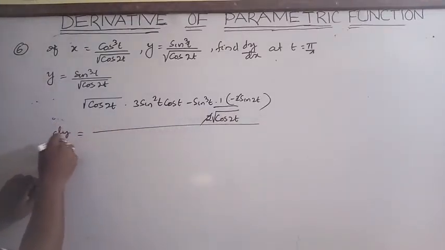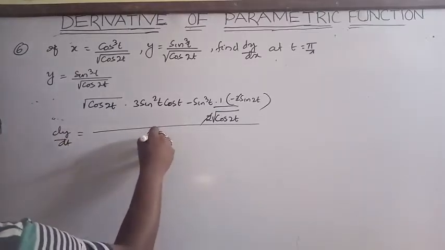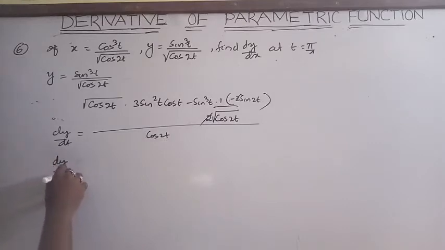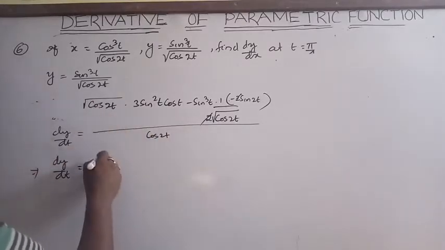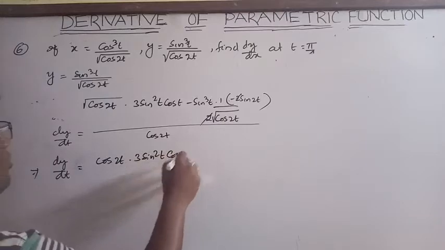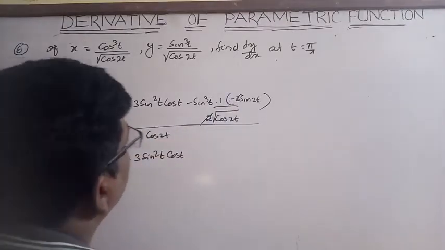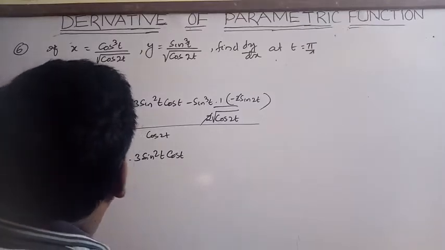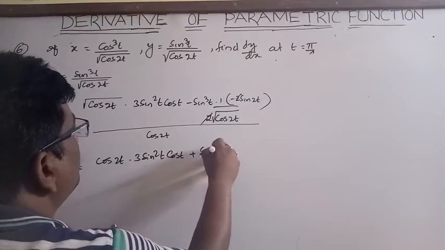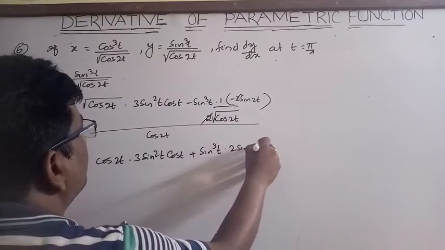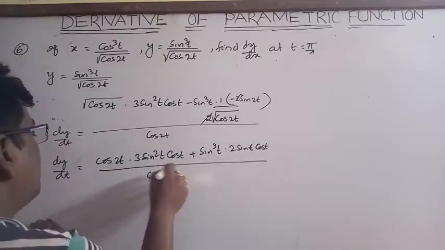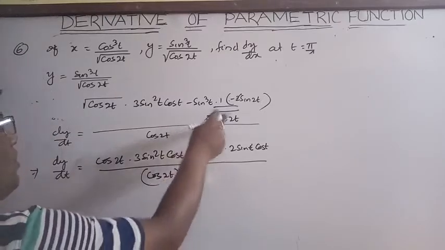The whole is divided by the square of root over cos 2t, which means cos 2t. And dy/dt is equal to what? cos 2t into 3sin²t into cos t, this minus plus, and the derivative of sin t here is cos t. Clear? And this is sin³t into 2 sin t into cos t. Divide by cos 2t power 3/2, because of one power of the root.